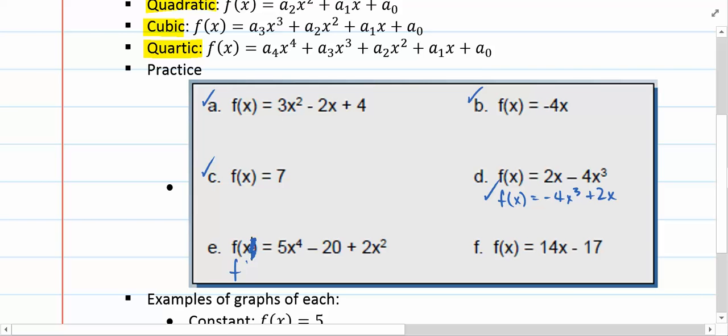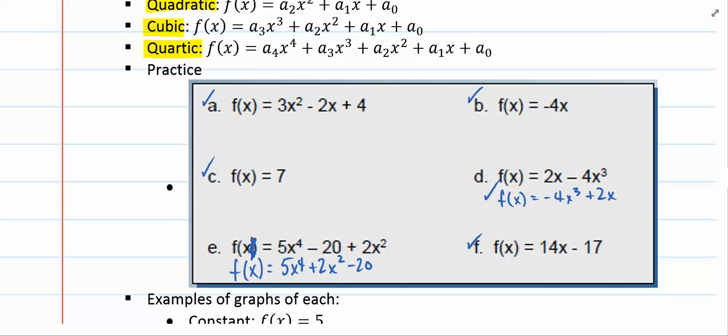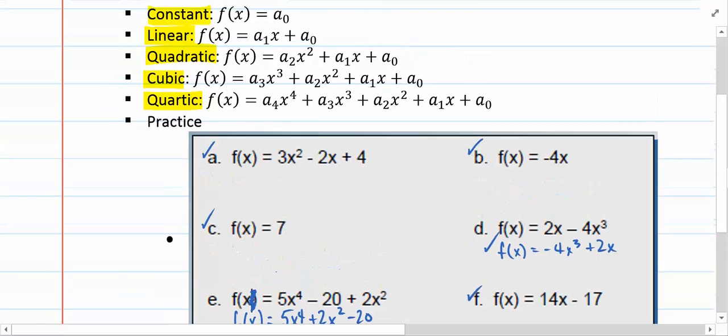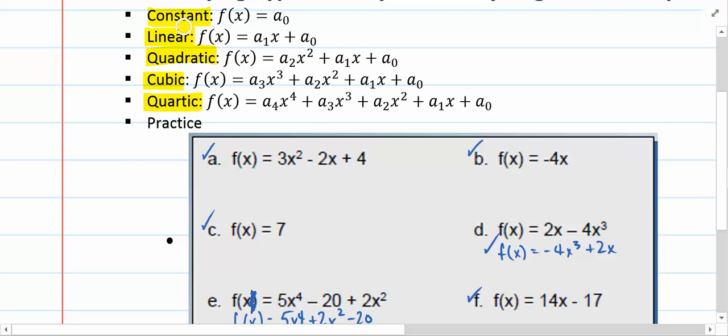Let's call this f of x equals 5x to the fourth plus 2x squared minus 20. Now that's in standard form. And option F is already in standard form. It's in decreasing order. So what type of polynomials do we have here? Option A, what type of polynomial do we have? Is it a constant, a linear polynomial, a quadratic, a cubic, or a quartic?